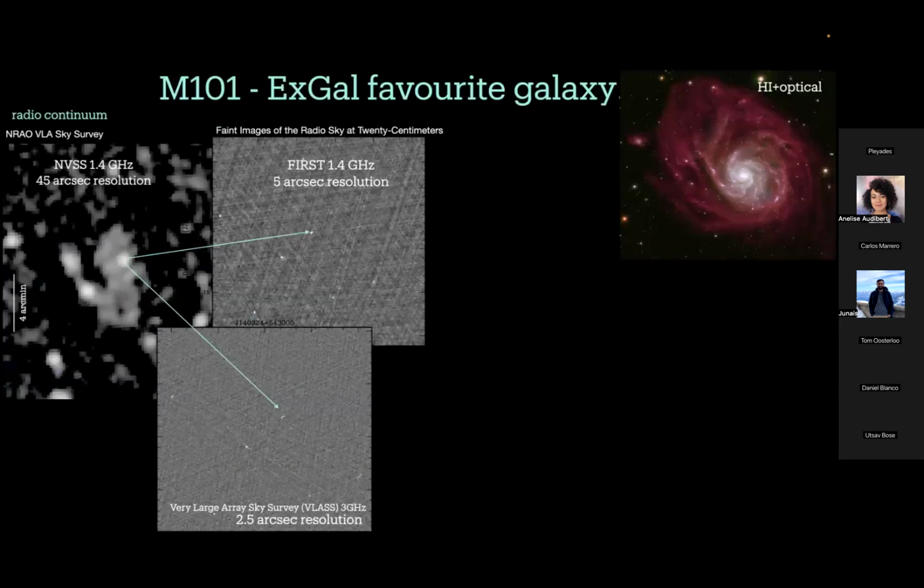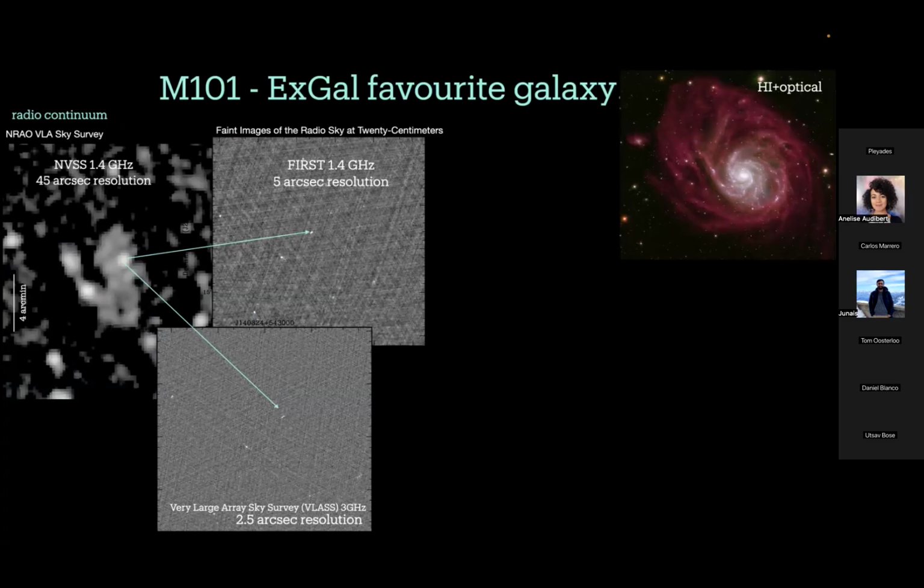So I have a few more examples. I thought to put in the extragalactic favorite galaxy, M51. So this is the HI that you have seen in all the posters everywhere, superposed on the optical. And these are continuum images, so not the line part, but the continuum, the synchrotron, most of it, that you detect.